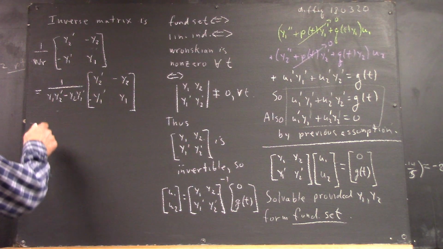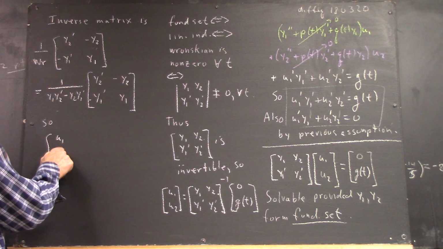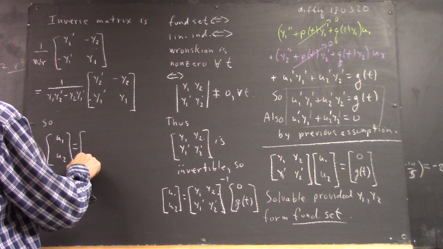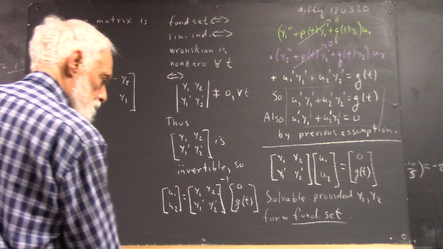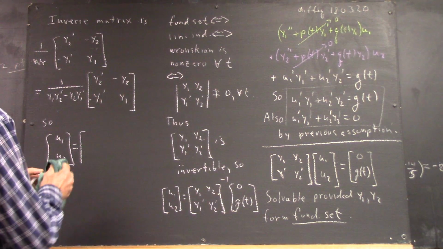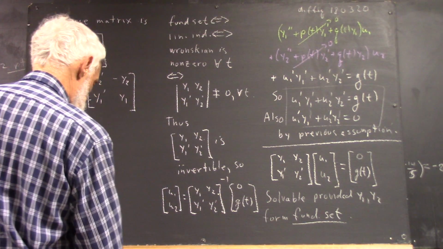So, what do we get? We get u1, u2 equals, I should have put the reciprocal of the Wronskian here, so I don't have to write another step.